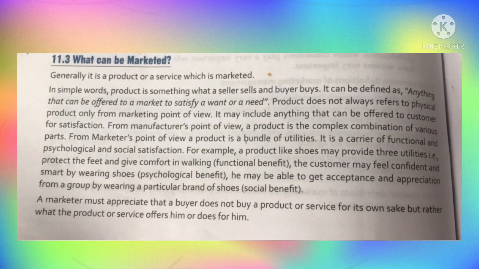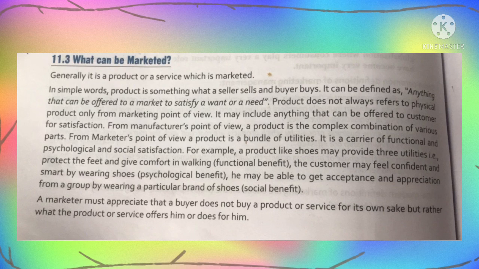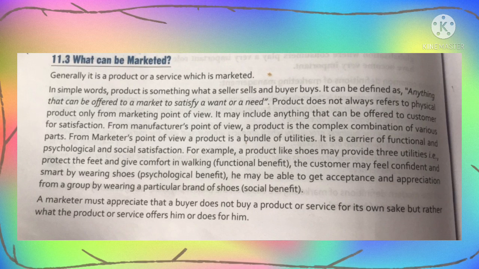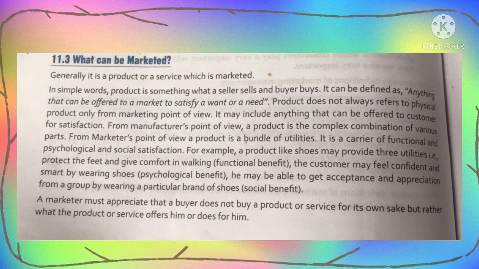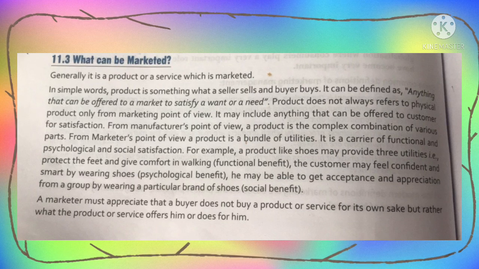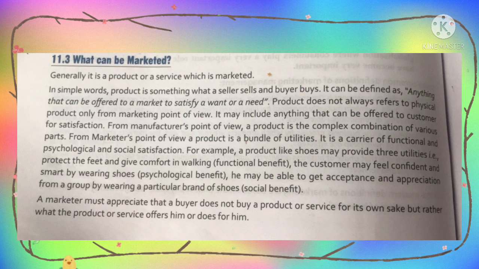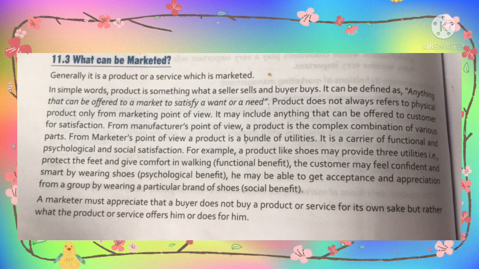Next is what can be marketed. It's written very clearly. Generally, it is a product or a service which is marketed. In simple words, a product is something that a manufacturer sells and buyers purchase.